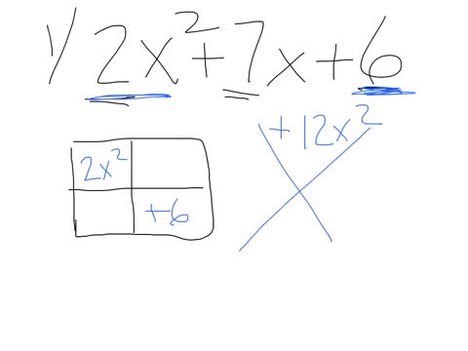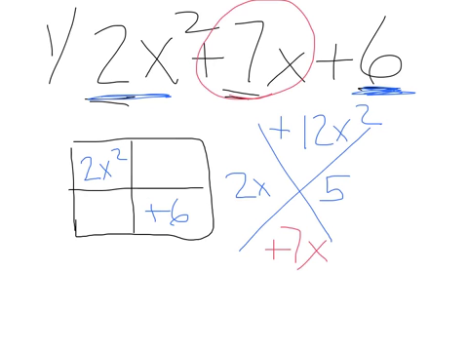And in the bottom, you should get the middle term, which is plus 7x. So what times what will give you 12x squared, but at the same time, when you combine like terms, you get 7x? What is it? We get 2x plus 5x.